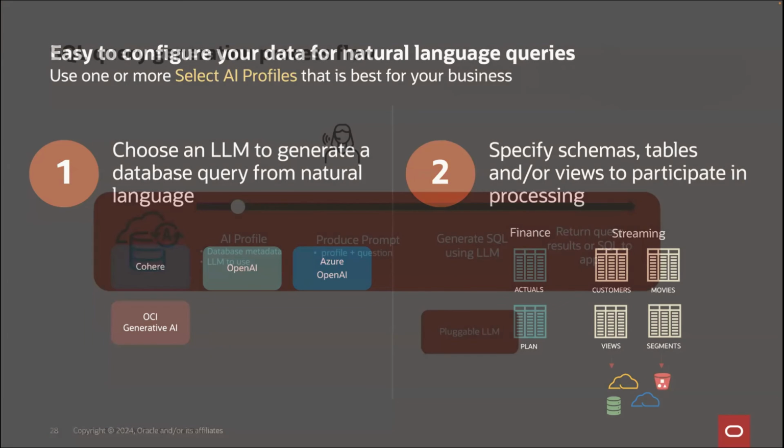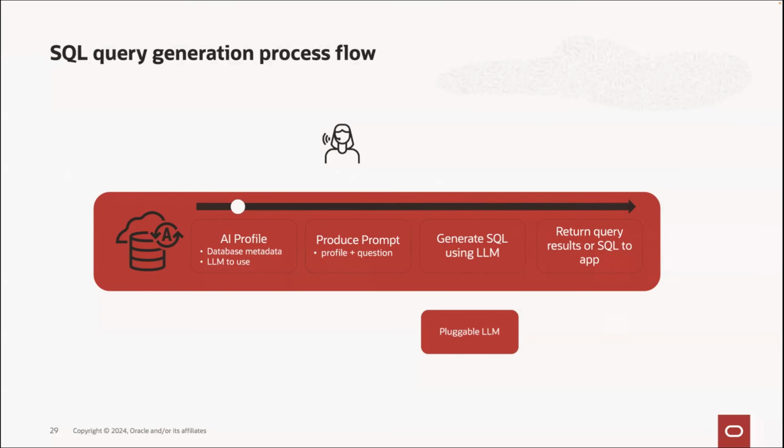So once you have the profile, which is the first step here, we can process a prompt, sorry. So you need to say Select AI and ask a question, right? That's the prompt. That is sent to the LLM. And in this example, we can say, find the top 3 customer segments for George Clooney movies, for example.